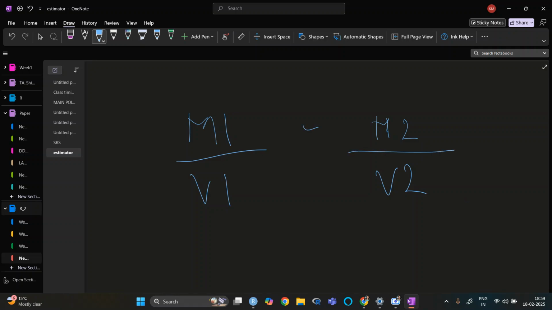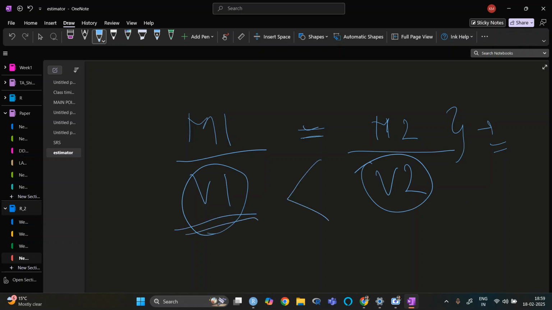Let's say m1 is equal to m2, so now the mean is the same. If the mean is the same, we cannot say that both samples are good for our population, right? We need to see that the variability is also low. If the variability is low in the first sample, that means this sample can understand the population really well compared to the other one. So this is basically the need of variability.